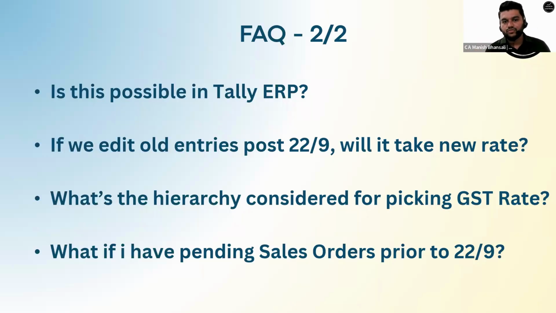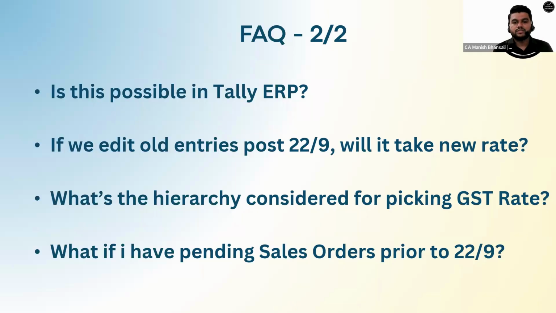A lot of clients have this confusion that all our old entries will change if the rates change on 22nd of September. The answer is no. I'll repeat for clarity: the metric to pick up the rates is only the date you select for the entry. It's not when you do the entry.